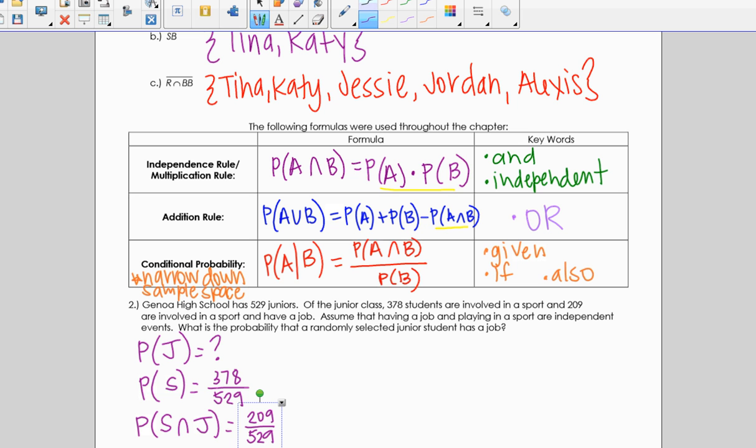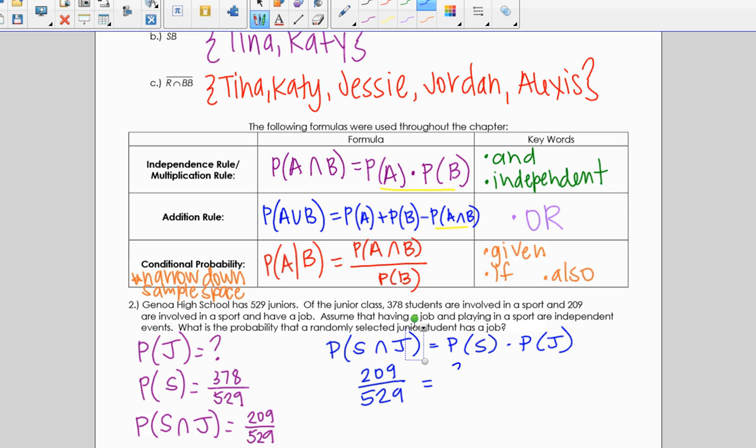Because we can assume they're independent events here, I can use this formula. The probability of a sport and a job equals the probability of a sport times the probability of a job. So this is 209 out of 529. The probability of a sport is 378 out of 529, and I am looking for the probability of a job.